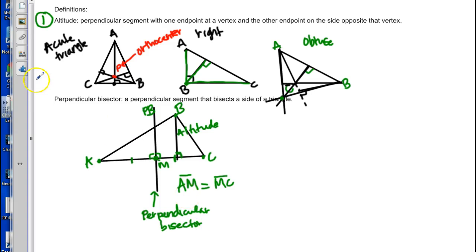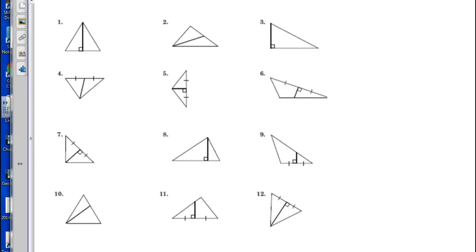All right, now we're just going to pick out these differences in some pictures. So let's check this out. So number 1, is that a perpendicular bisector or is that an altitude? So coming from the vertex, going to the opposite side, forming a right angle, yeah, it's an altitude.